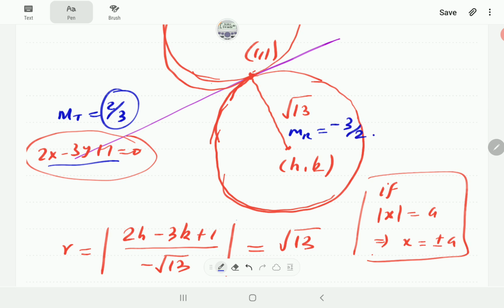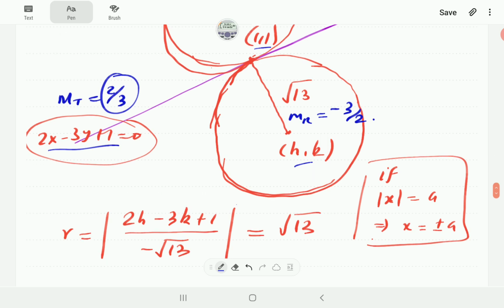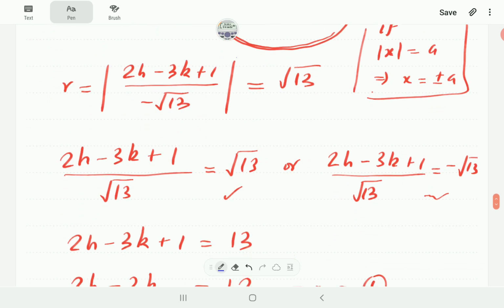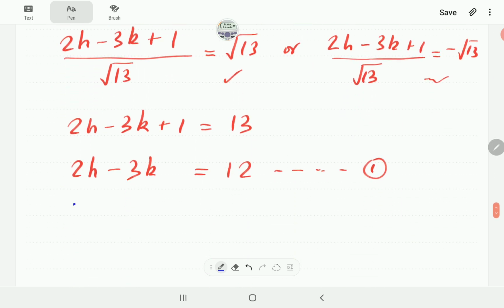-3/2. Now, since we know these points, we can write that gradient in terms of h and k. So difference in y is going to be k minus 1. So k minus 1 over h minus 1 must be equal to -3/2.